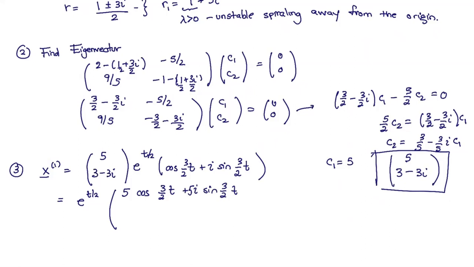And underneath, we have to FOIL this out, and we get 3 cosine of 3 over 2 t plus 3 sine of 3 over 2 t minus 3i cosine of 3 over 2 t plus 3i, the sine of 3 over 2 t.